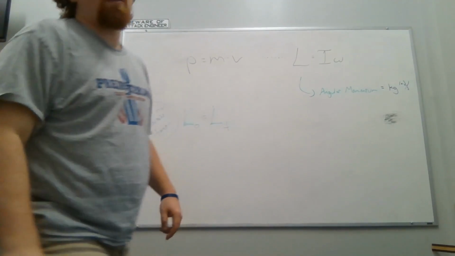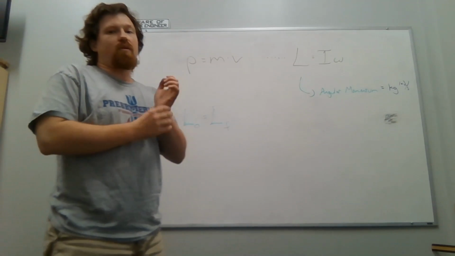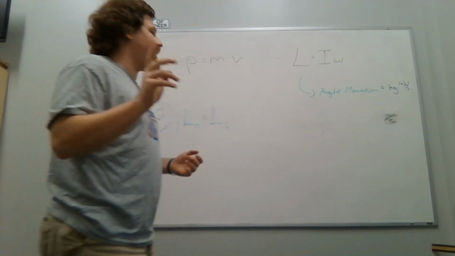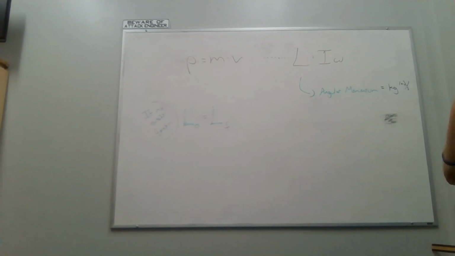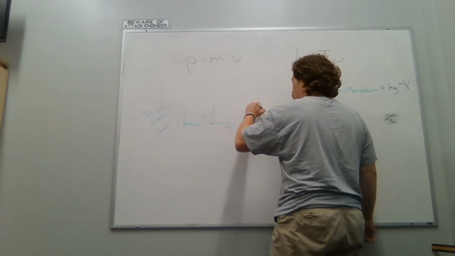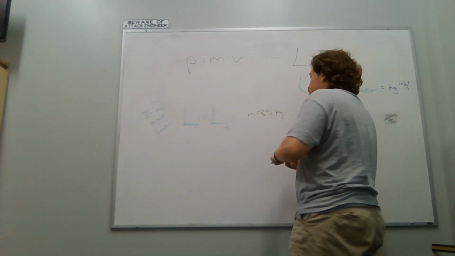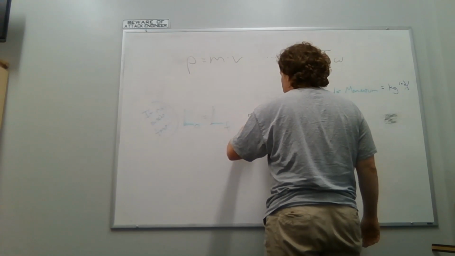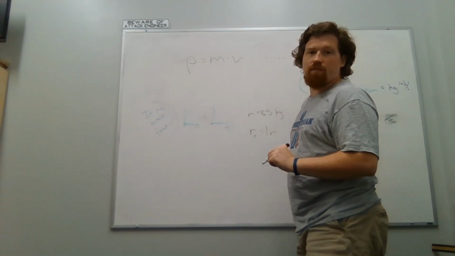Now we're going to use that and show that in one quick practice problem. A person sitting on a chair has a total mass of 85 kilograms. So we're going to say mass of 85. Initially, their arms are held out to a radius of 1 meter. So our initial radius is 1 meter.